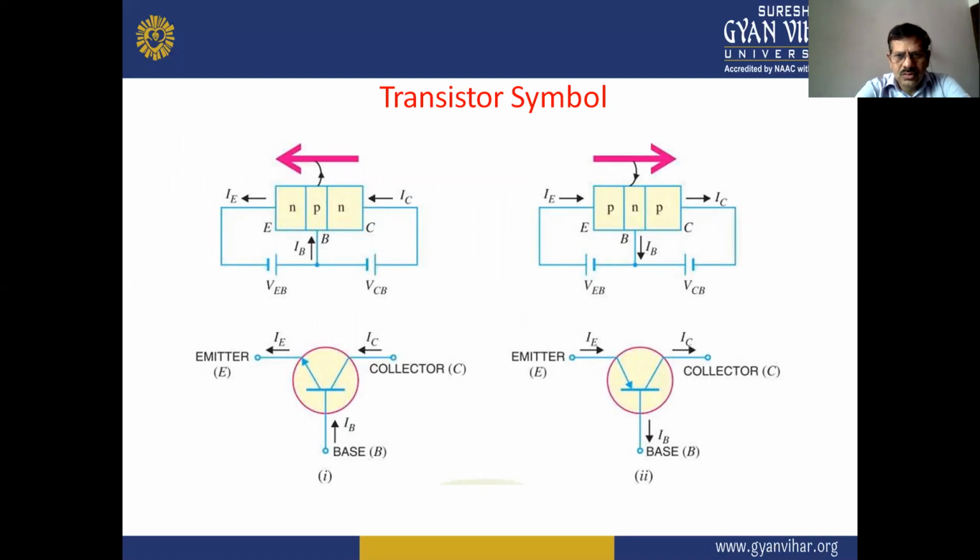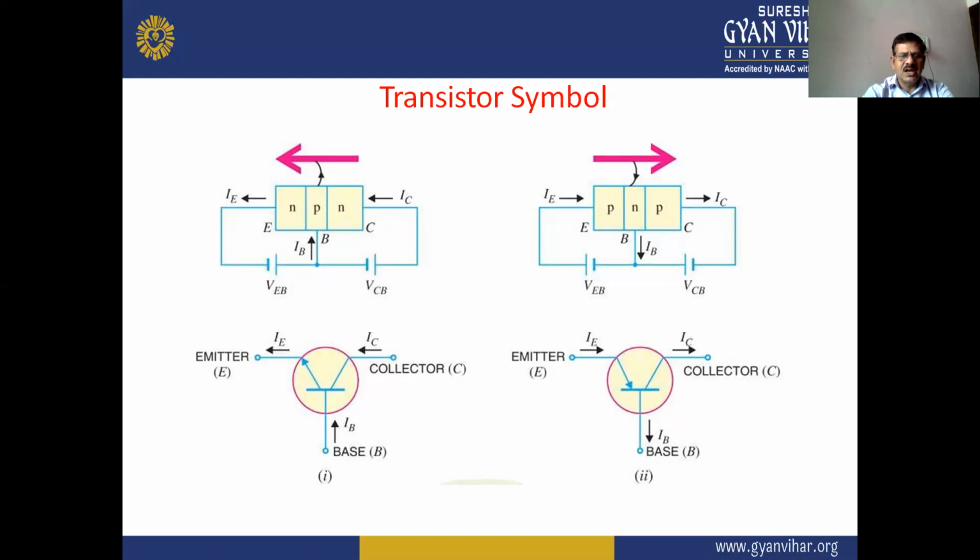Now there are some transistor symbols, which can be represented by different symbols. In this diagram, the first one is the layer form of the NPN transistor, and the second is the layer form of the PNP transistor.